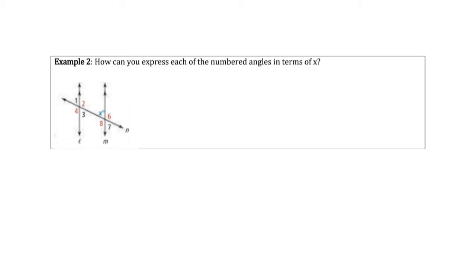Okay, so in this example, it says, how can you express each of the numbered angles in terms of x? So we're going to look at 1, 2, 3, 4, 6, 7, and 8. And we're going to figure out the relationship to this x and whether they're congruent or equal to each other, or they are supplementary. Those are 2 ways.